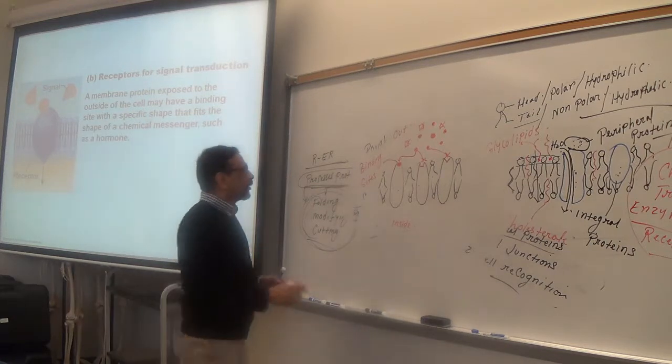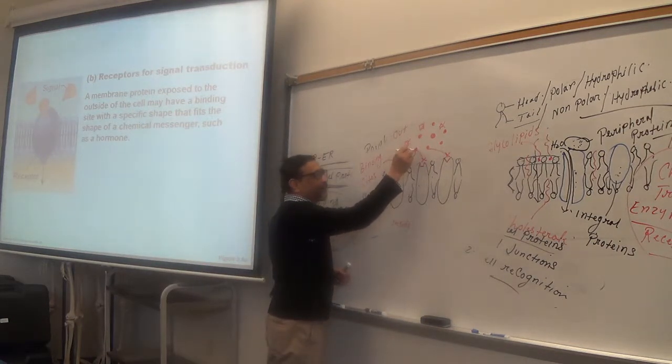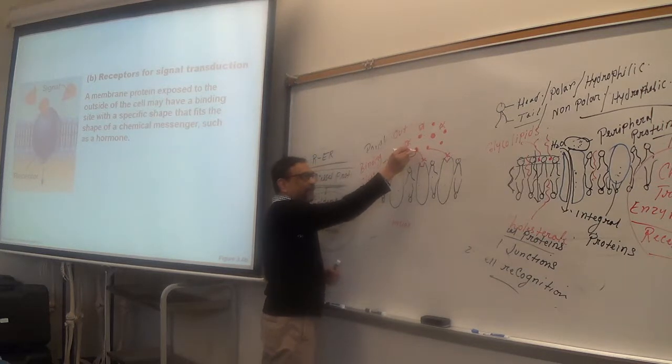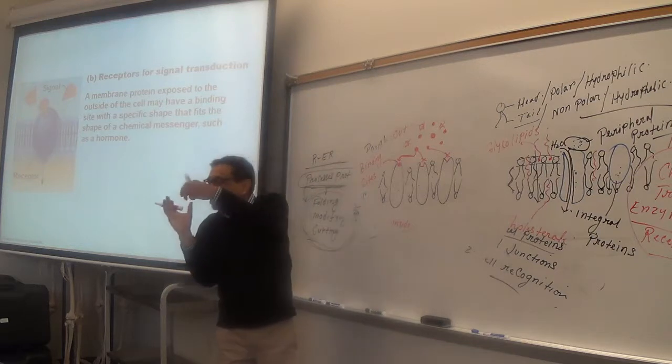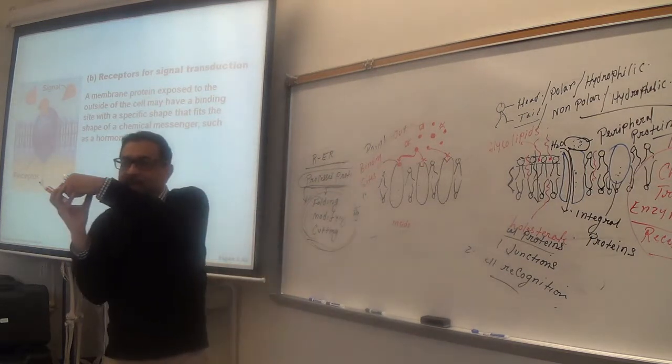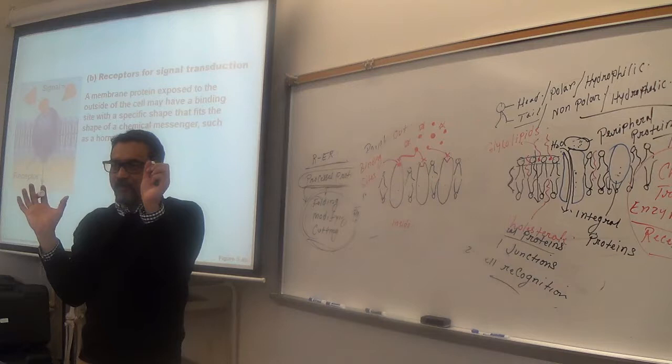So this medicine molecule or drug molecule is the signal molecule that will come on the cell membrane and will bind with those receptors. They have what? Same shaped binding sites. Clear?